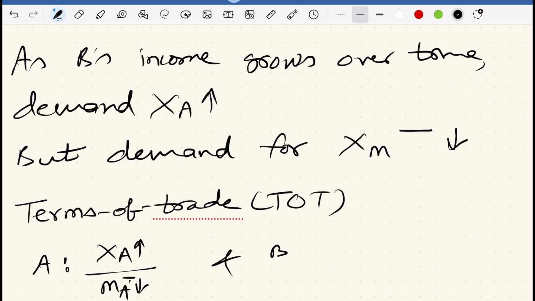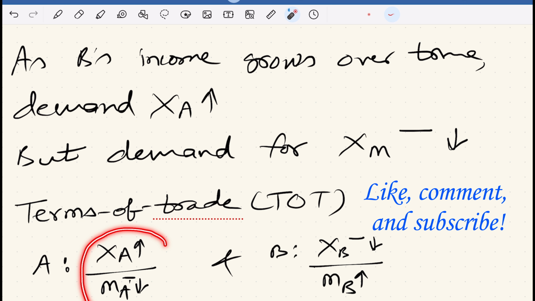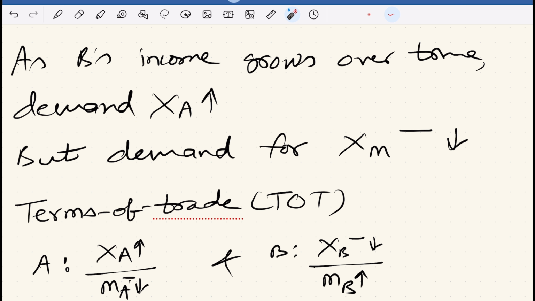And for B, the export of country B is either constant or decreasing, while the imports of country B are increasing. So overall, the value of this ratio is going to increase over time for the country A, and the value of this ratio is going to decrease for the country B. And if we look at the terms of trade, how will the developing country pay for its imports?